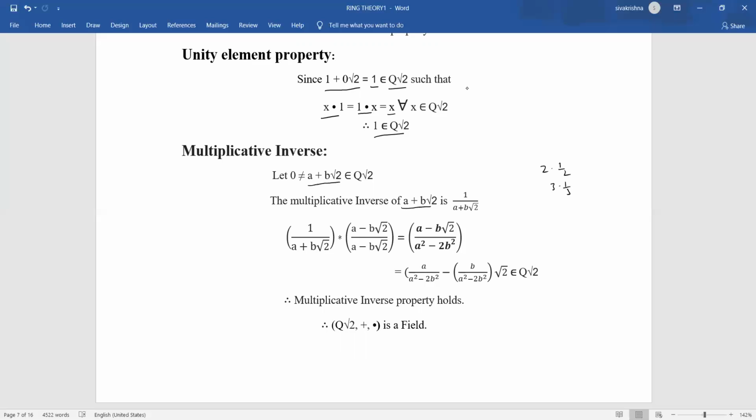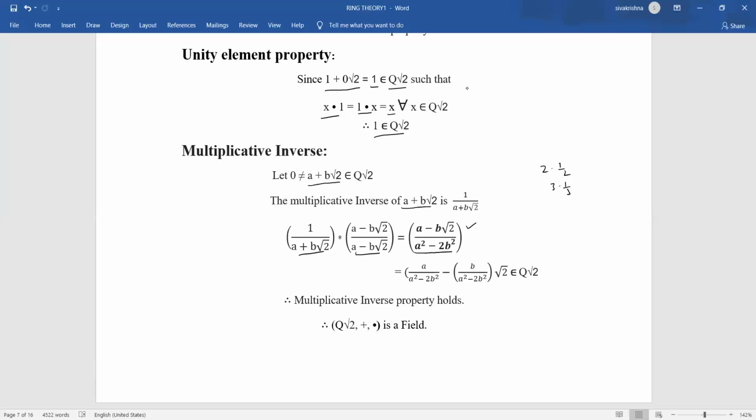So we multiply both numerator and denominator by a minus b root 2. We get a minus b root 2 in the numerator, and in the denominator we have a plus b root 2 into a minus b root 2, so we get a square minus 2b square. If we separate this term, it is a by a square minus 2b square, minus b by a square minus 2b square, into root 2.